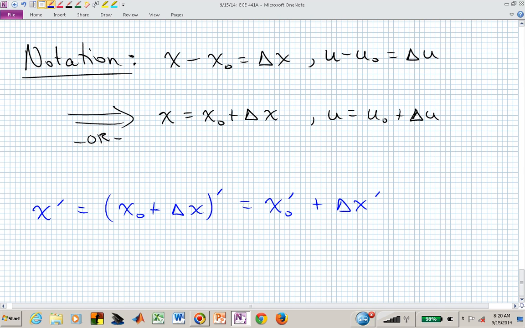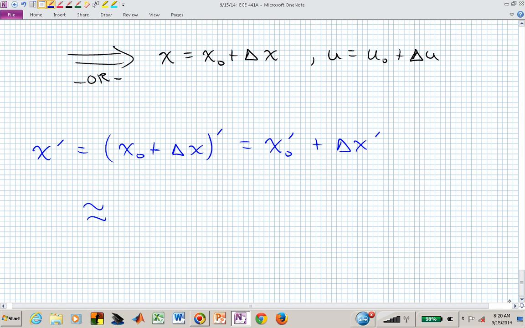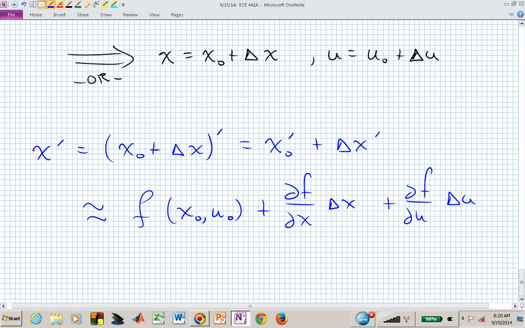And we are going to let that equal f of x naught u naught plus partial of f with respect to x delta x plus partial of f with respect to u delta u, where we are evaluating these partials at the operating location.